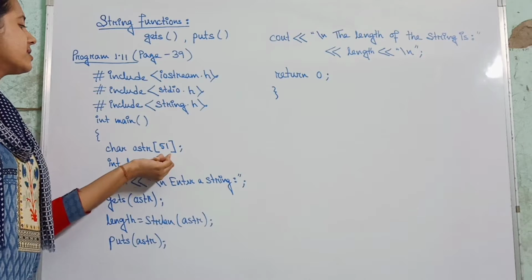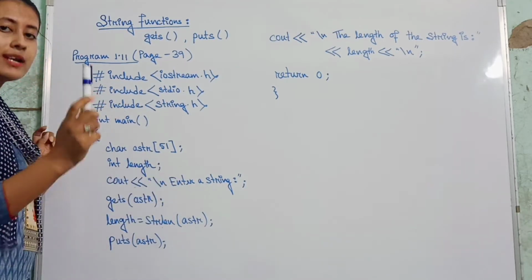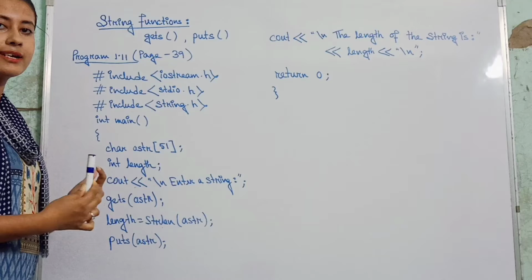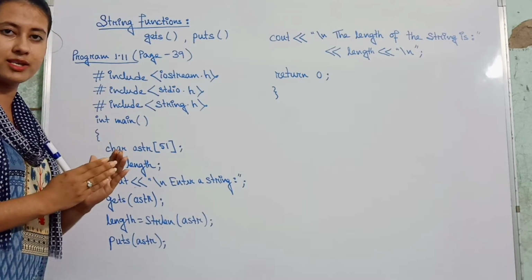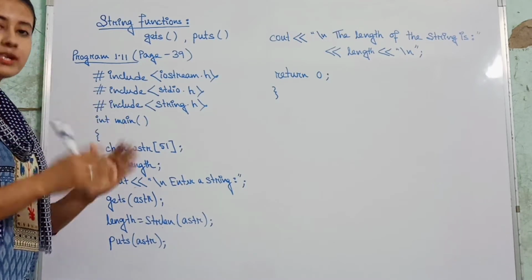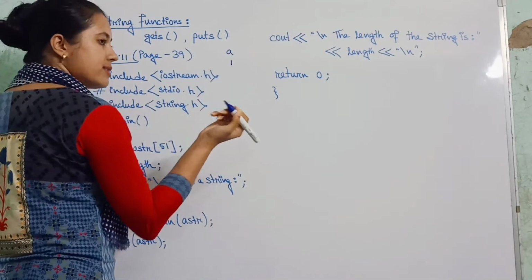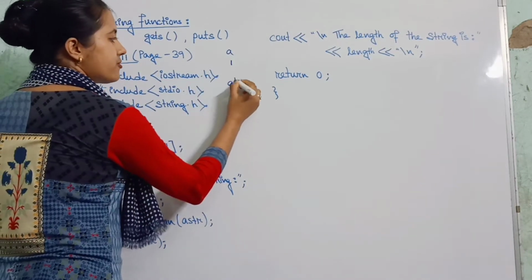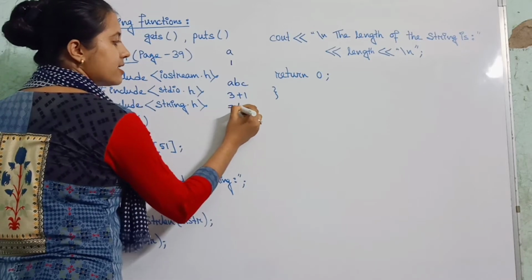Now the question is, why have we used 51? This extra one is for the null character that is used at the end of the string in order to terminate it. You remember that one? For a character value the size is only 1. But for a string value like of 3 characters, the size is 3 plus 1, that is 4.